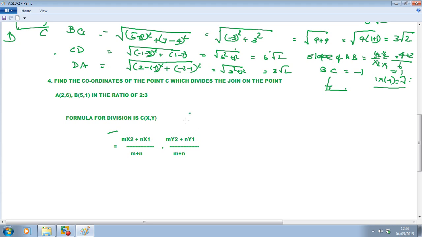So we use the formula. You know what is M? M is equal to 2. N is equal to 3. The formula is Mx2 plus Nx1, and that formula we will simply apply.